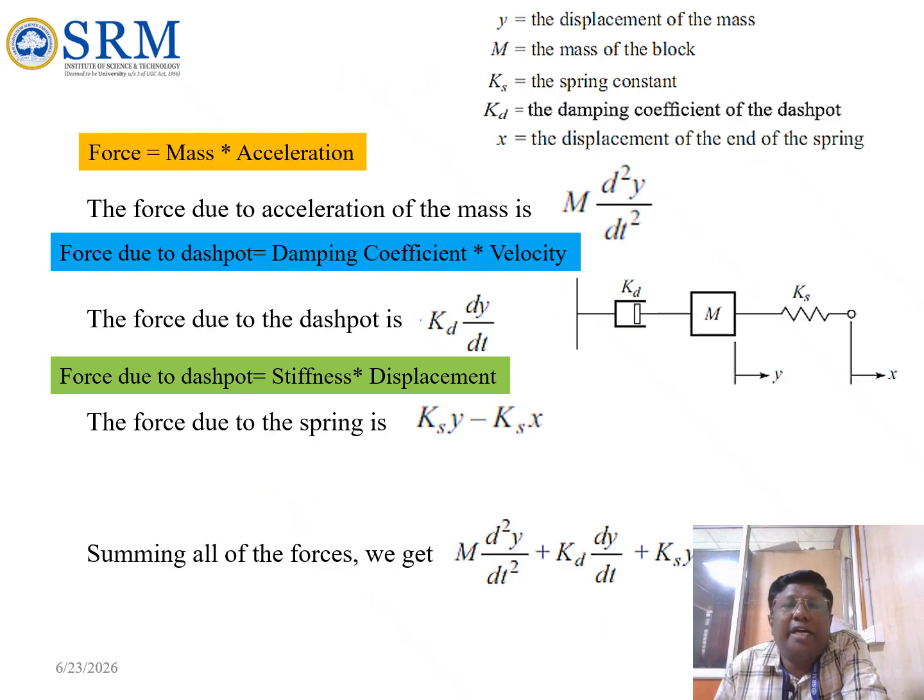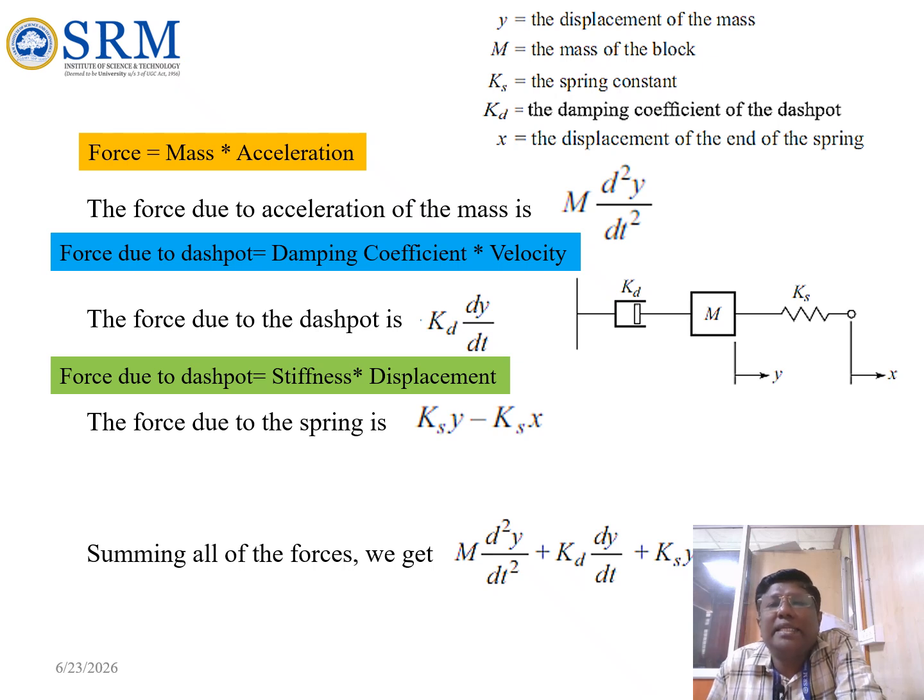The same thing is repeated here to understand. Force equal to mass into acceleration. The force due to acceleration is equal to, we know that mass is represented by m, and acceleration is represented by d square y by dt square, where dt square is a time term. y is the displacement of the mass.